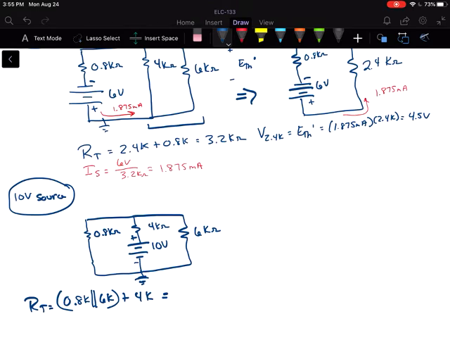I'm having some trouble typing into my calculator today. Sorry about that. Okay, so we've got 705.88 ohms plus 4,000 ohms.